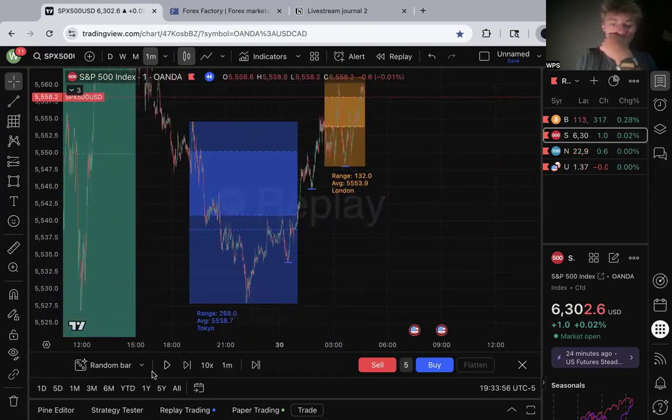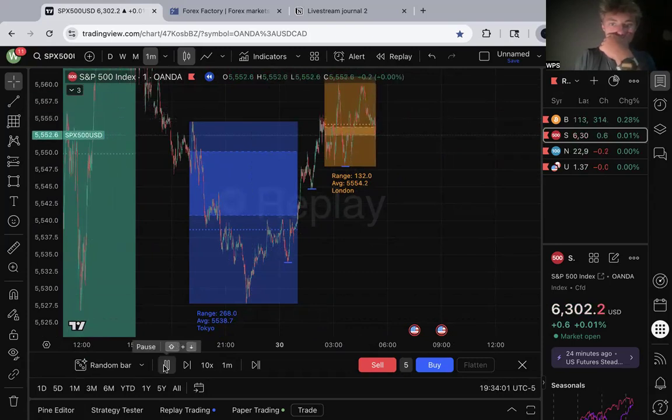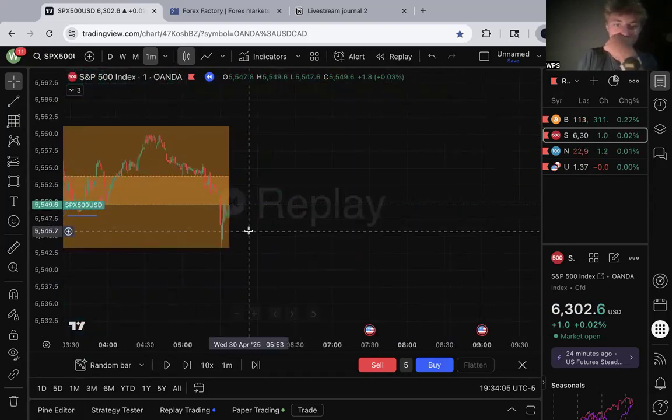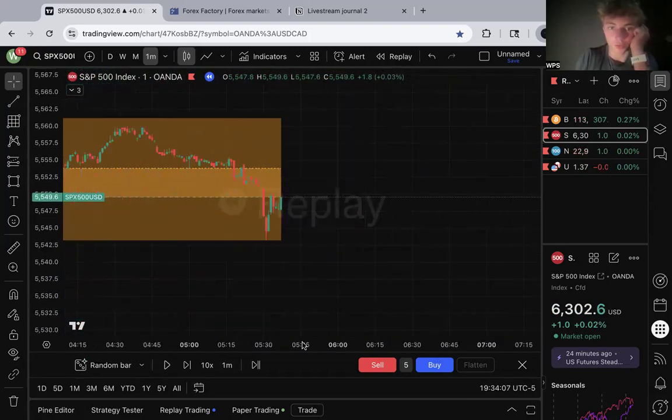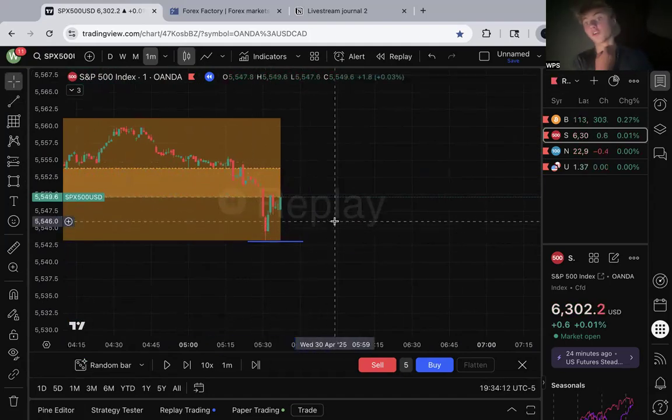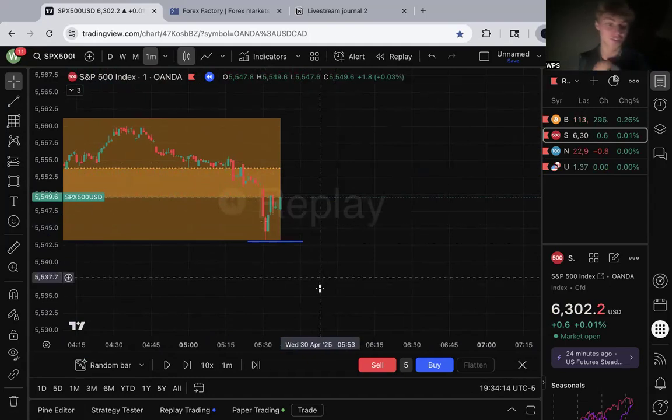Also likely below there. Okay, so we take a massive wick down. Obviously not trading until New York London overlap, which I learned last trade.